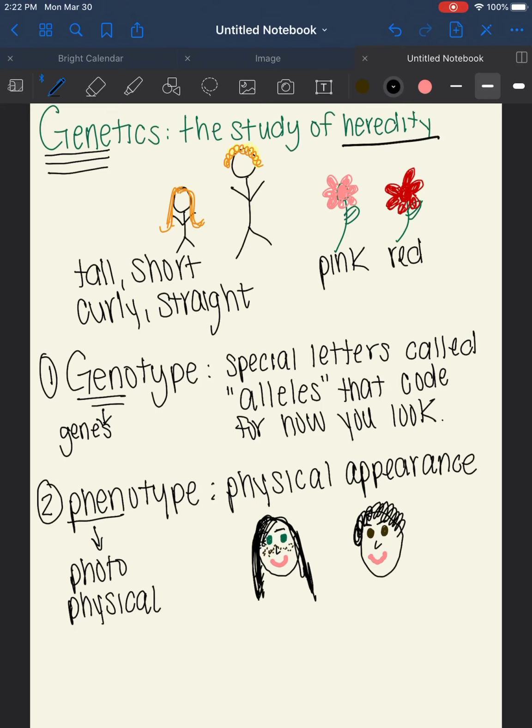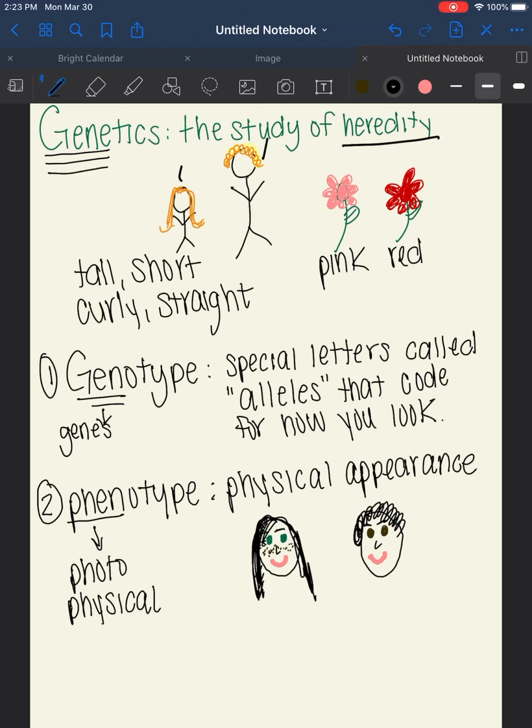That could mean whether you're going to be tall versus short, or if your hair comes out curly versus straight. The way you look, whether you're left-handed or right-handed, all of that can be traced back to your genetics. Genetics is the information you get from your mom and your dad, and you put that together and it makes you, right?